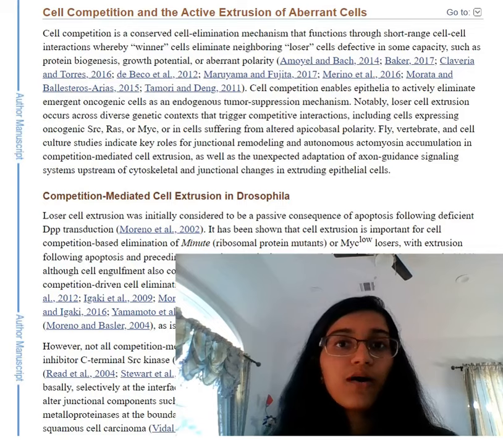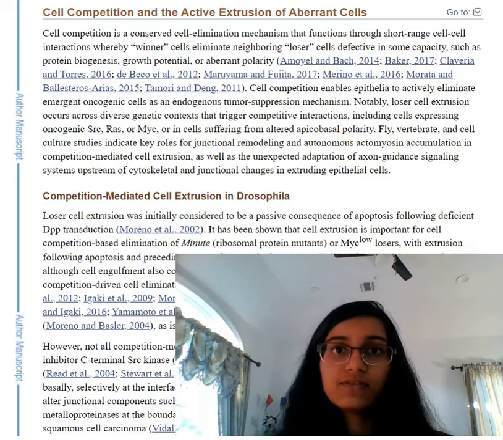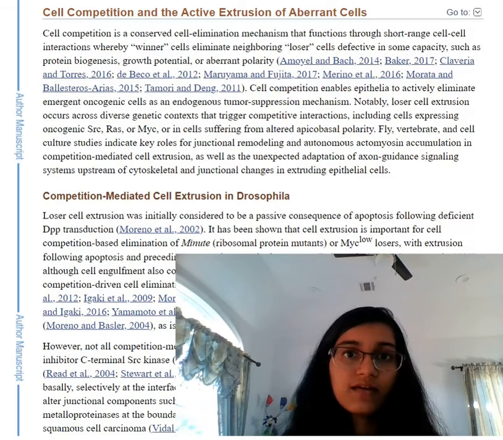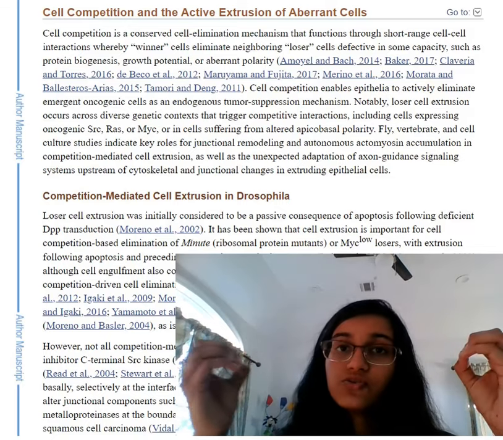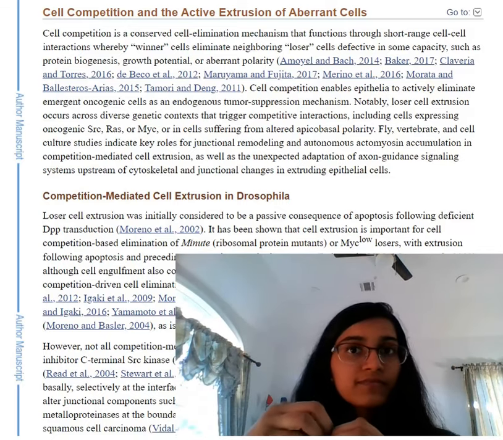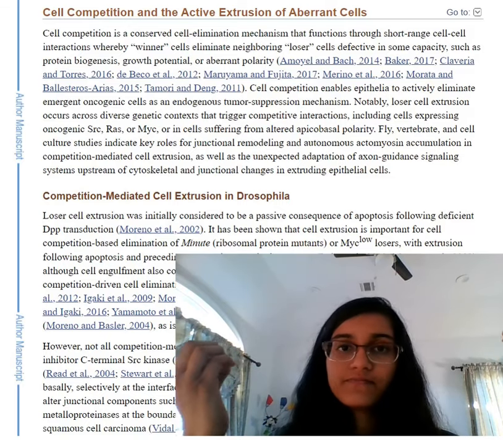Okay, so what they basically describe here is that neighboring cells have many different interactions, and one such interaction is when you have two cells that compete with each other, and you end up with a winner cell and a losing cell.